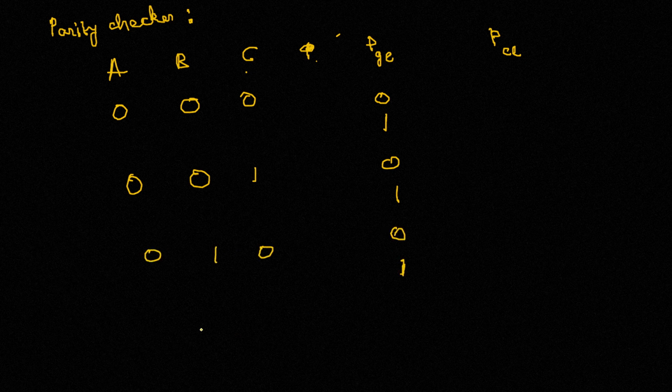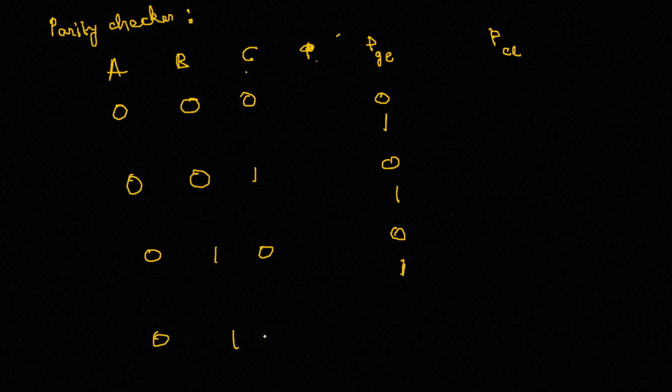Okay, so if you have 0, 0, 0, here what you do is, for every input that you're taking, like here you're taking 0, 0, 0 as the input, you write 0 and 1 both in the parity generator. And then for 0, 0, 1, you write 0 and 1 again. Then for 0, 1, 0, you again write 0 and 1.